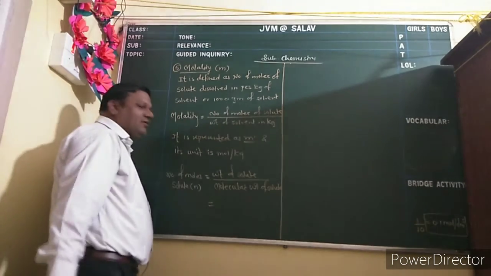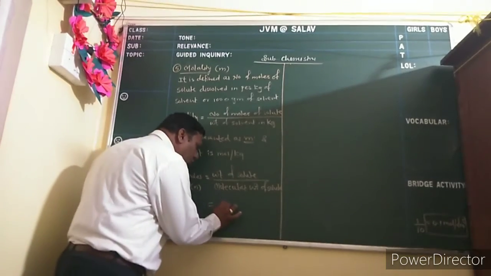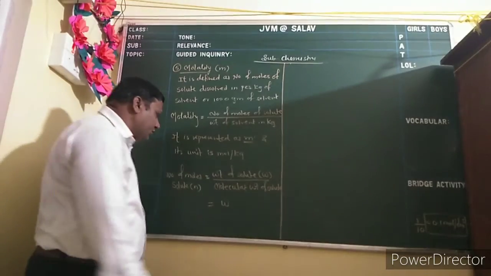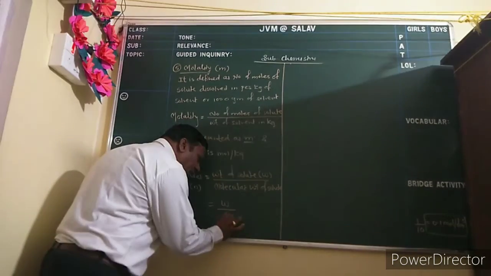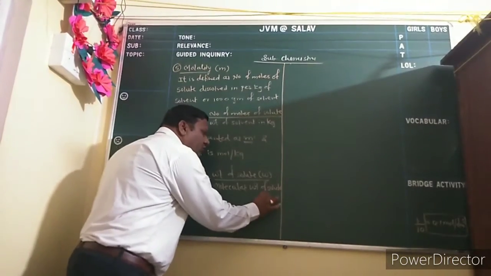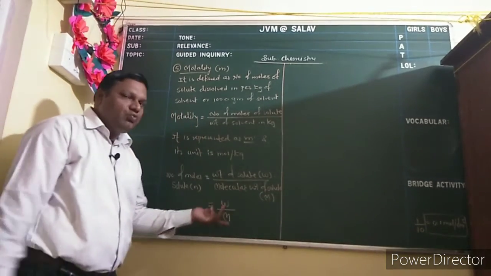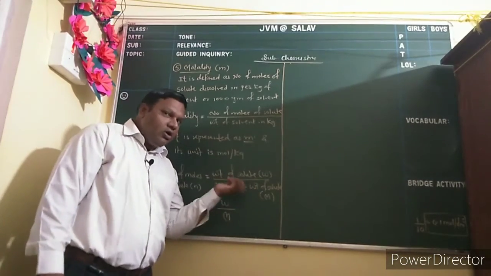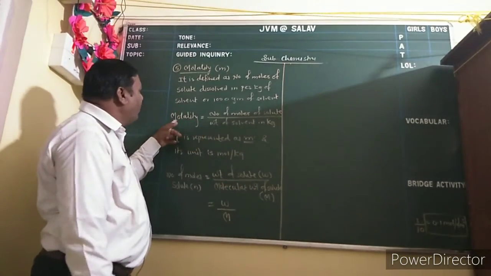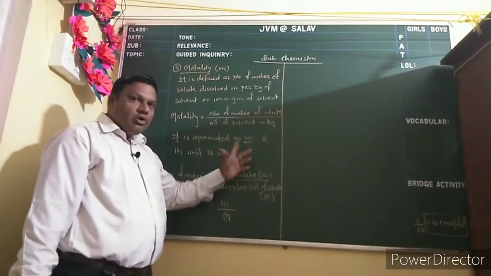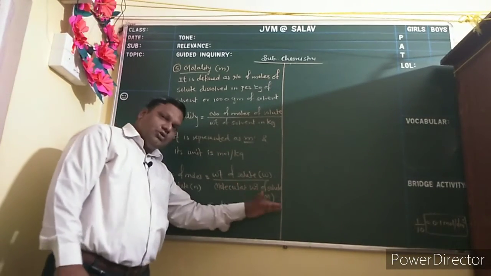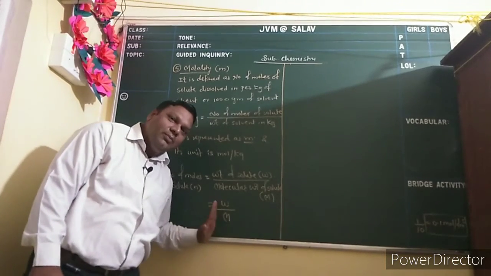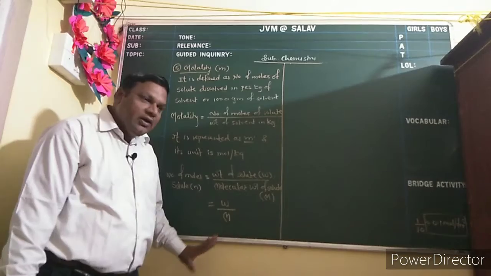So in that case we write here small w for weight of solute and capital M for molecular weight of solute, because in the previous case we said that molecular weight of solute is represented as small m, but already here small m is used for molality. Okay, so don't confuse it here. Molecular weight of solute will be capital M. Capital M is not molarity here, it is molecular mass or molecular weight.